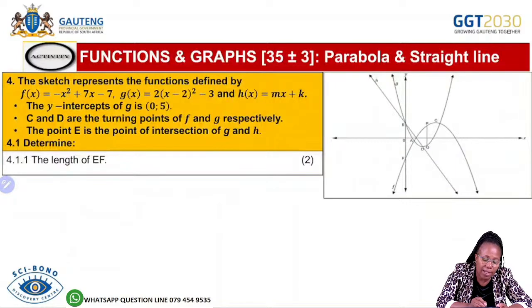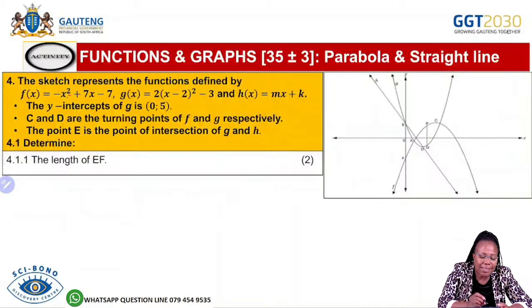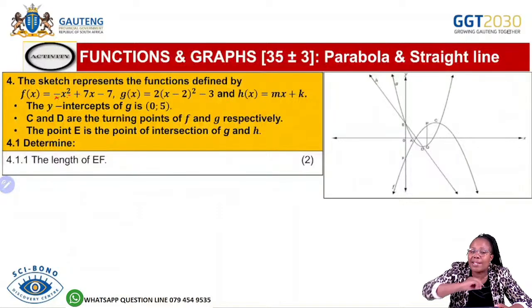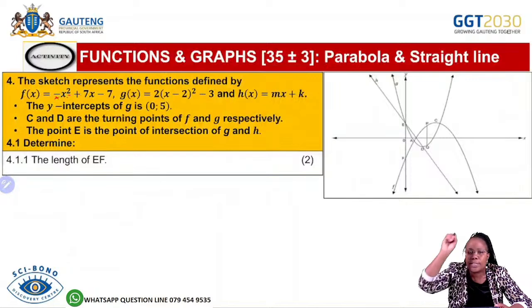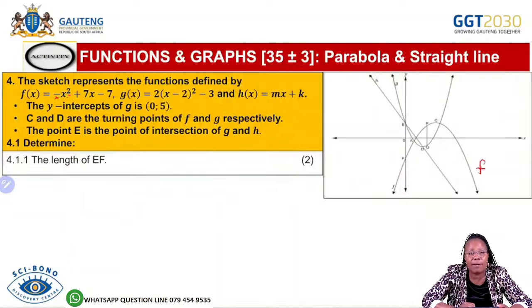The minute we see a 2 there, we know it's a parabola graph. But this parabola is concave down because it's a negative parabola. Can you see the minus 1? That means f is the one facing downwards. Therefore, this equation of f is for this particular graph here.